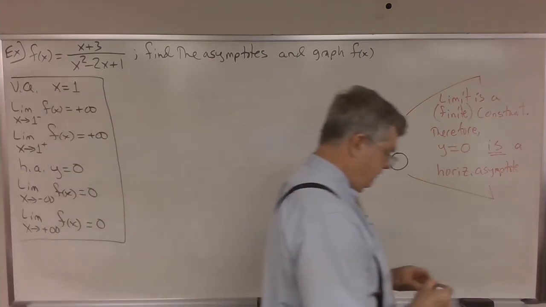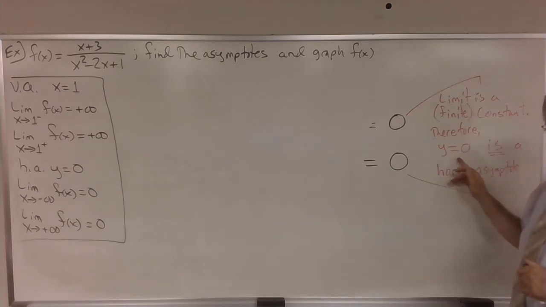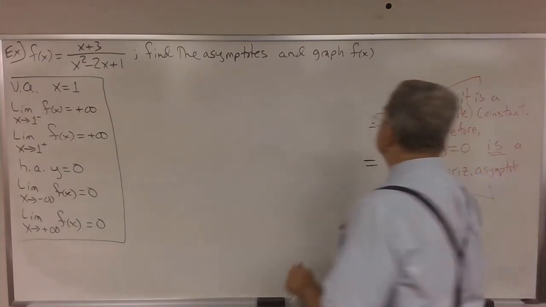By the way, I should have drawn attention to this. How did I know that it was y equals 0 that was the horizontal asymptote instead of y equal 5 or y equal -2? Well, let's see.